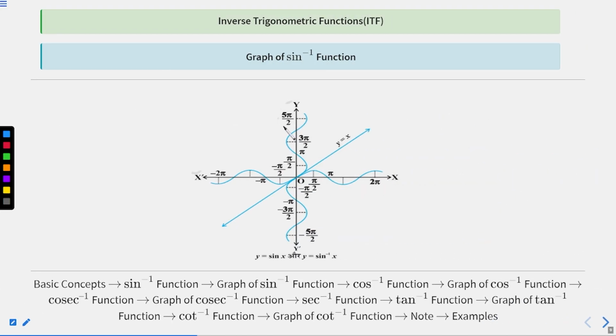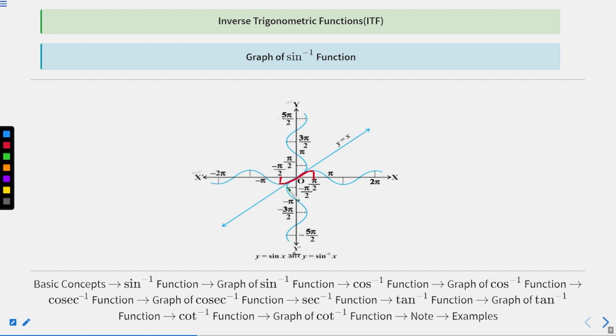So first of all, the graph will look like this. As you can see, let me use the red one. This is what we know as the sine graph. In this interval, minus pi by 2 to pi by 2, we know it is one-one and onto. And the inverse graph is what?